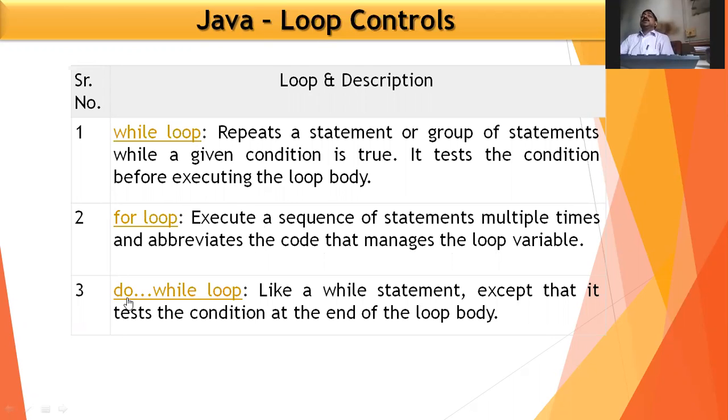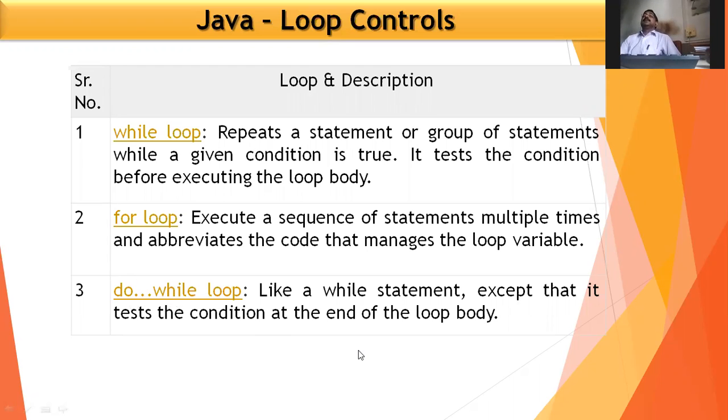The next statement is the do while statement, which is the last statement. This can be used for looping, like a while statement, except that it tests the condition at the end of the body. So in the do while loop, we know that we have to check the condition at the end of our loop body.